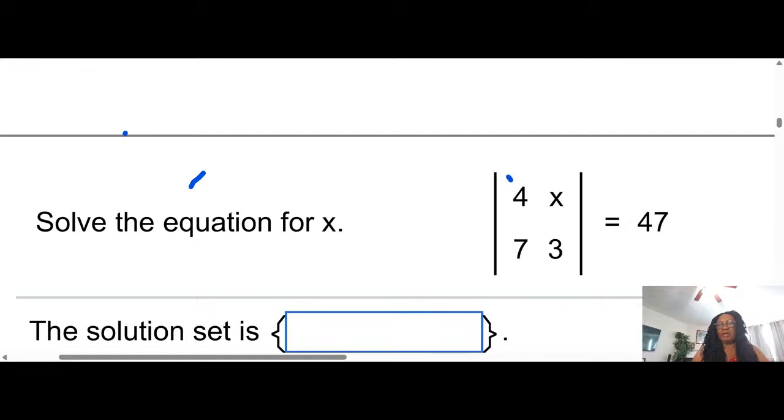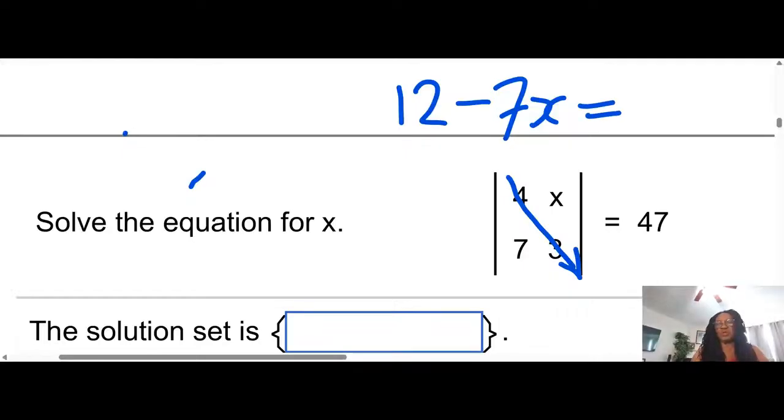Multiply 4 by 3. 4 times 3 is 12. Minus, multiply 7 by x. I have 7x, which is equal to the solution of the determinant as given to me, 47.